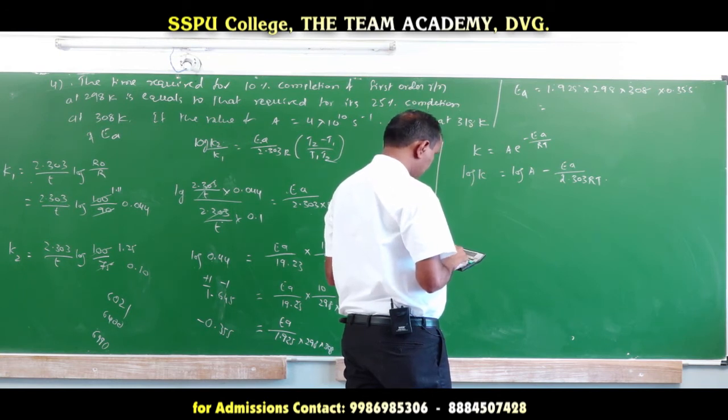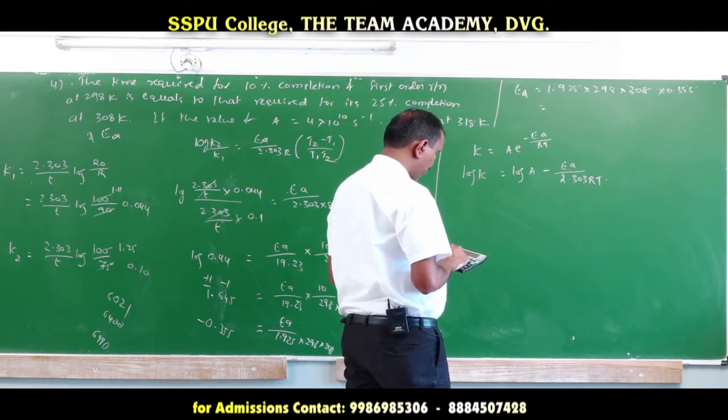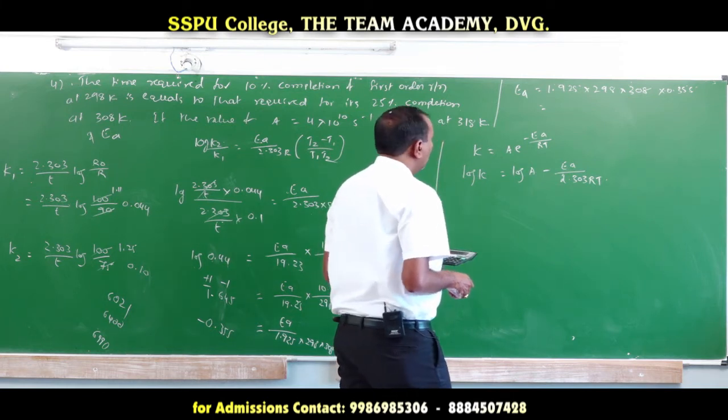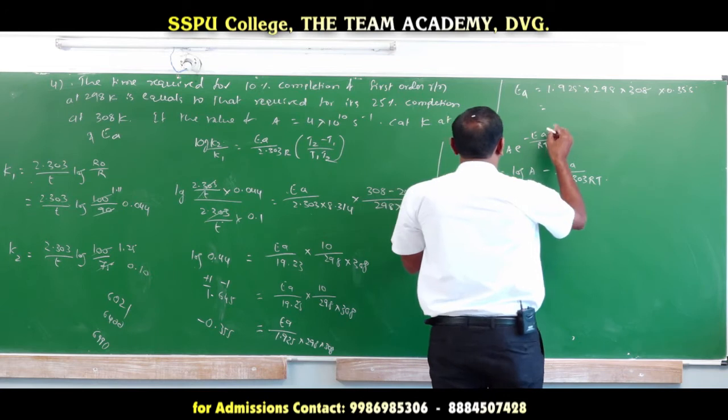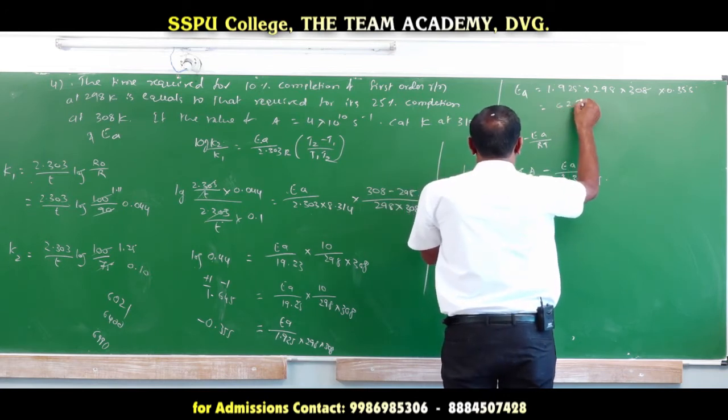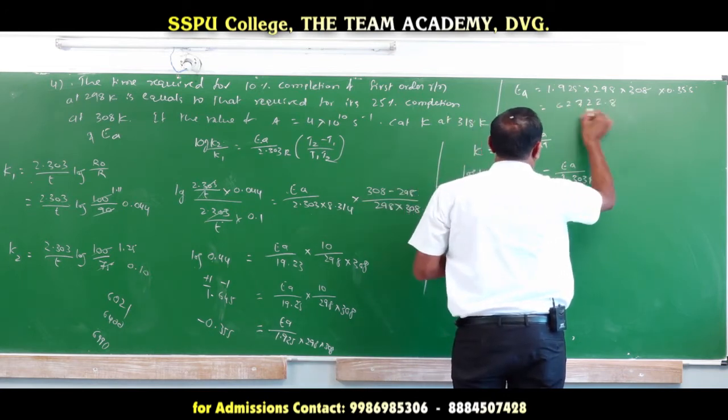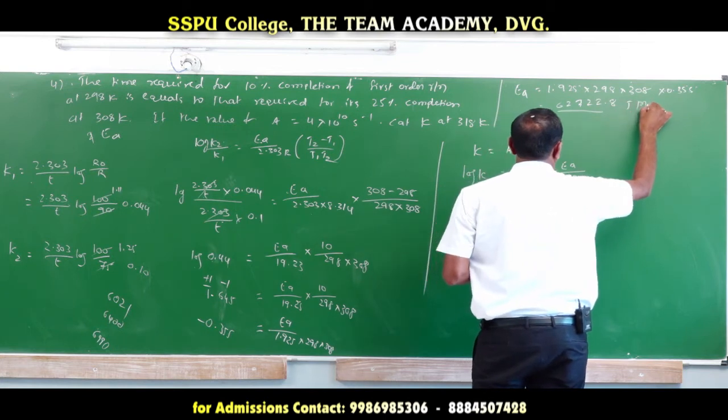That gives 62722.8, that is joule per mole.